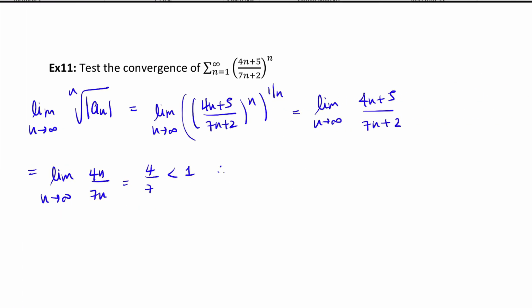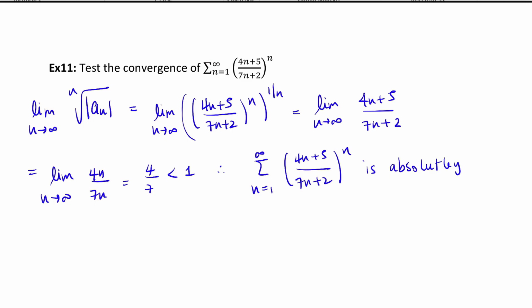So the sum from n equals 1 to infinity of ((4n+5)/(7n+2))^n is absolutely convergent, and therefore convergent.